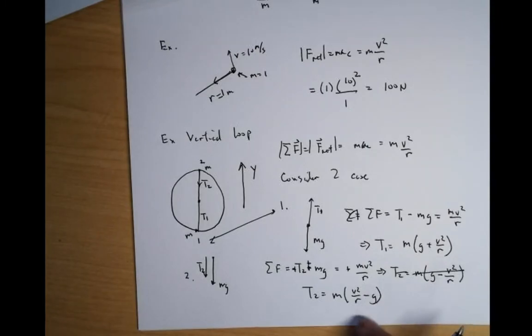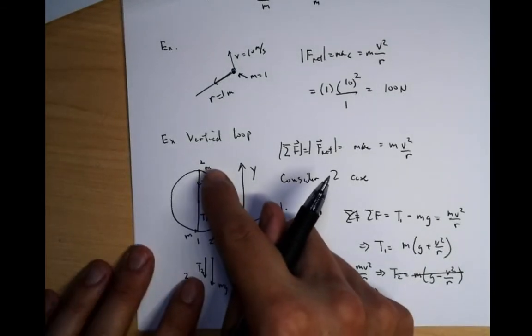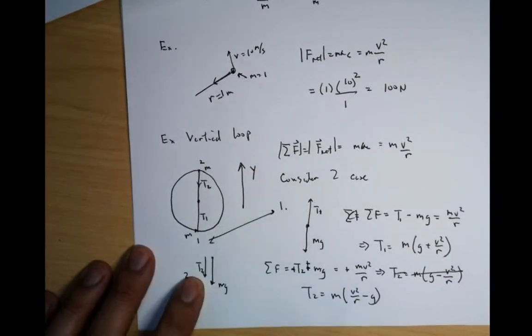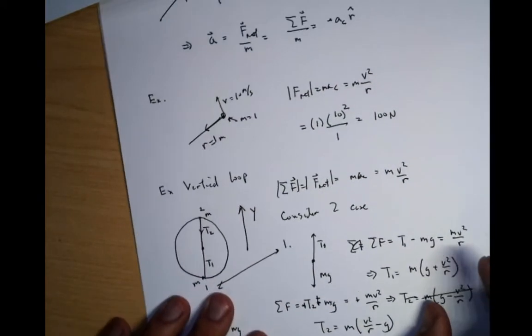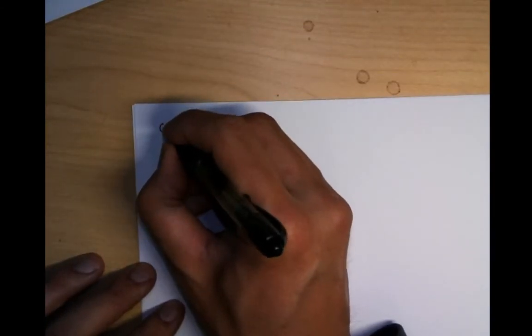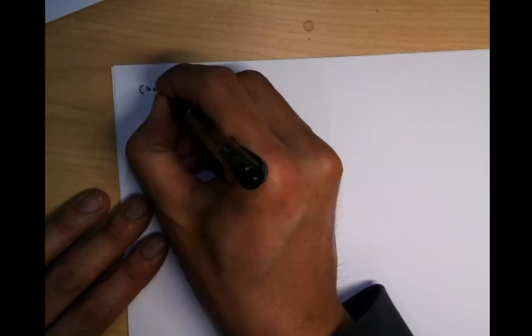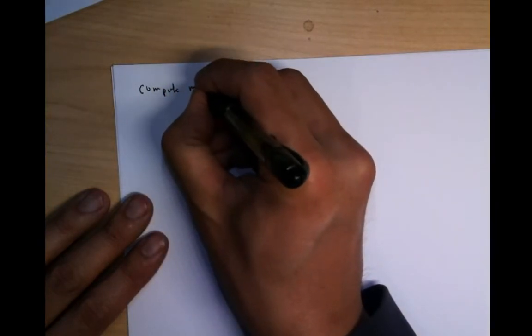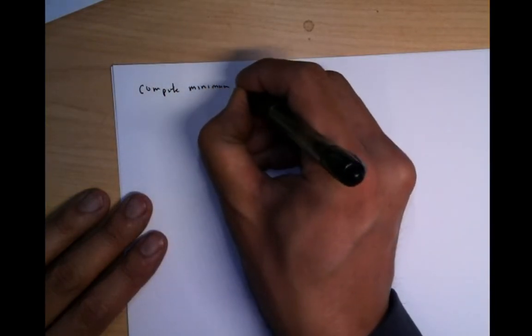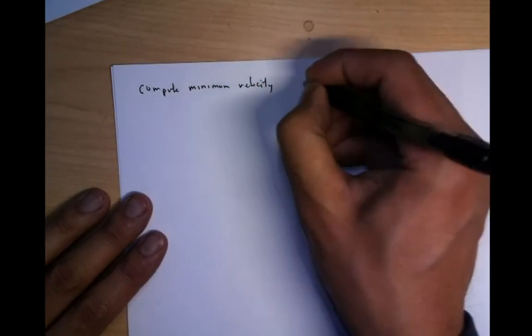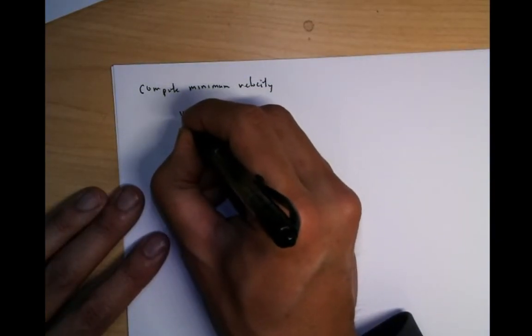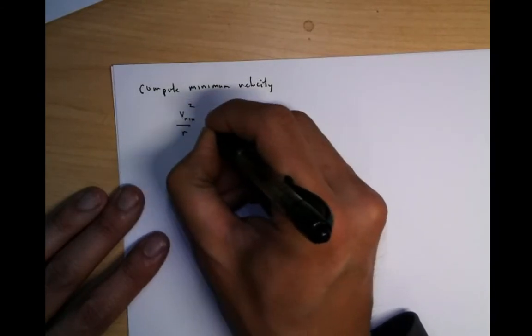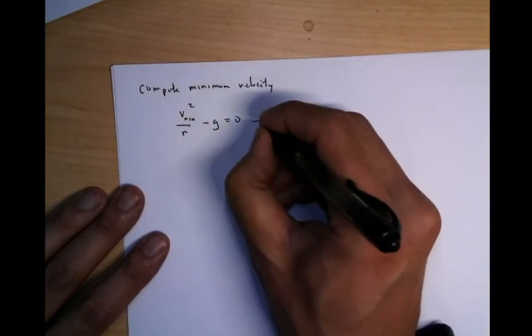So when is the tension exactly 0? In that case, it has to move just fast enough such that it clears the top without falling downward. So you can compute what the minimum velocity is. So v min squared over r minus g equals 0.